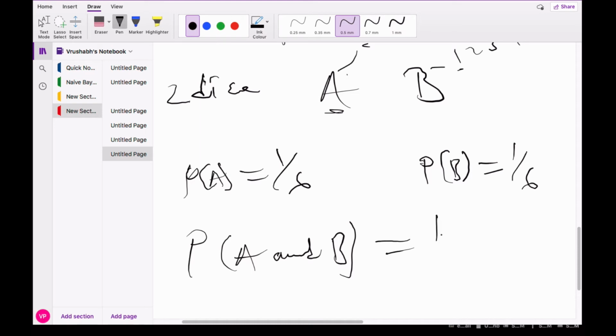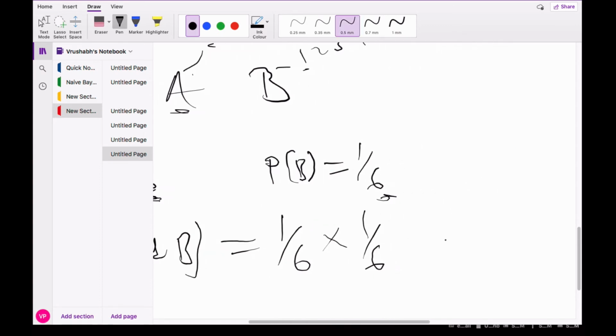Now we're going to have 1/6 multiplied by 1/6, the 2 different dice, and this is going to give us 1/36.